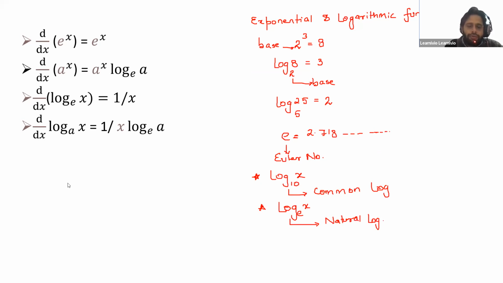Most of the time, when the base is not given, we will consider it a natural log. So for example, in your books, if it is given log x, base is not given, then it will be considered a natural log. Okay, Krishna? Yes, sir. Clear up to here?